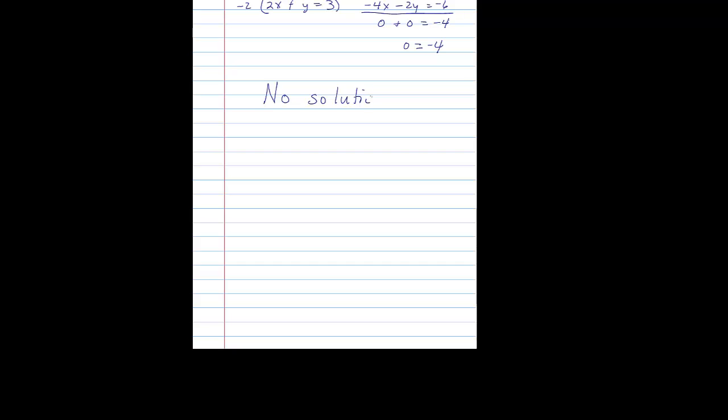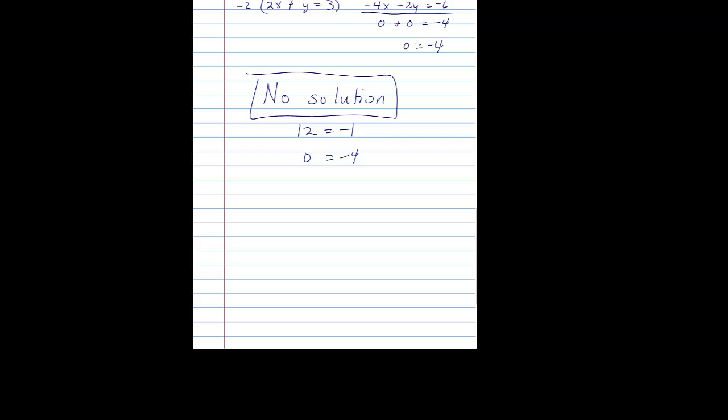This is just like when we graphed them in the first part. They are parallel lines, so they'll never ever cross. So if you ever get something like 12 equals negative 1, 0 equals negative 4, two sides of the equal sign that don't match, that means we have no solution.